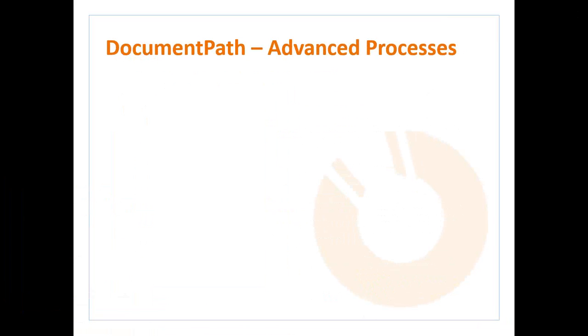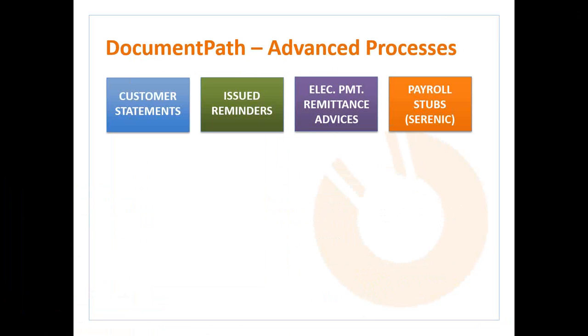The product also has a number of advanced processes that it takes care of, and these are things that you just can't do out of the box with NAV. When you look at customer statements, issuing reminders on outstanding invoices, electronic payment remittance advices, and if you use payroll through Serenic, sending employee pay stubs, there's just no way to send these documents out electronically, short of printing each one by one, to a PDF printer and sending them out.